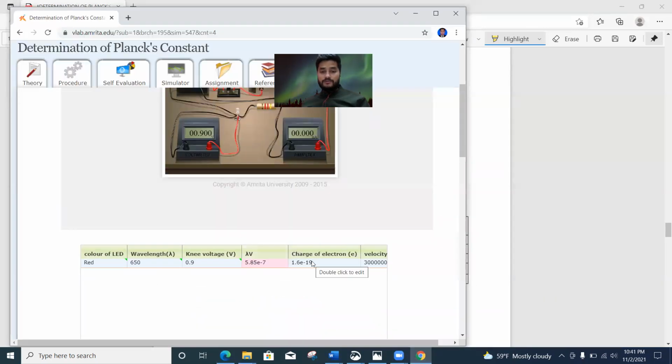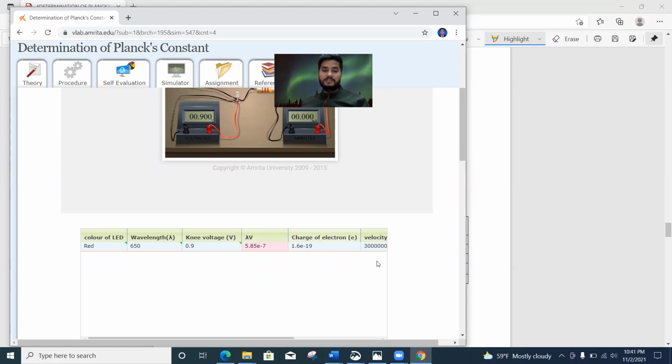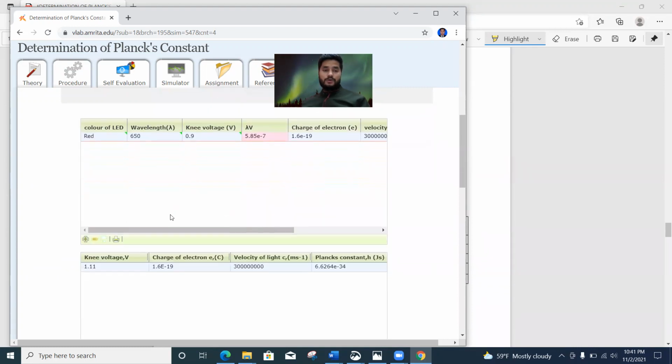We also know the values of the charge of the electron and the velocity of light. To calculate the corresponding h, we type here the value which I obtained for the knee voltage, and we also copy from there to there.